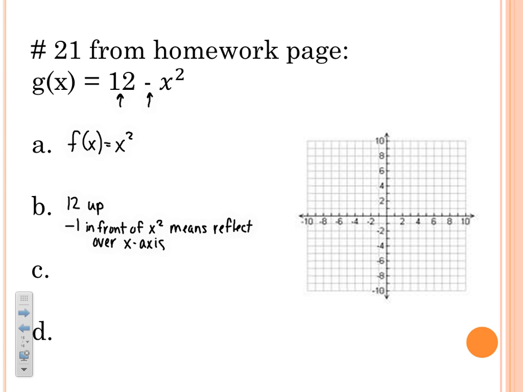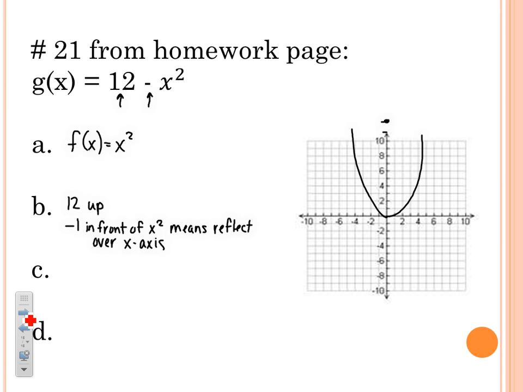So what does that end up looking like? Well, if I'm going to have a vertical 12 shift, my graph paper's not great here. It's going to start here. Now, when this parent function would have been graphed, okay, we all know what x squared looks like, roughly like that, right?